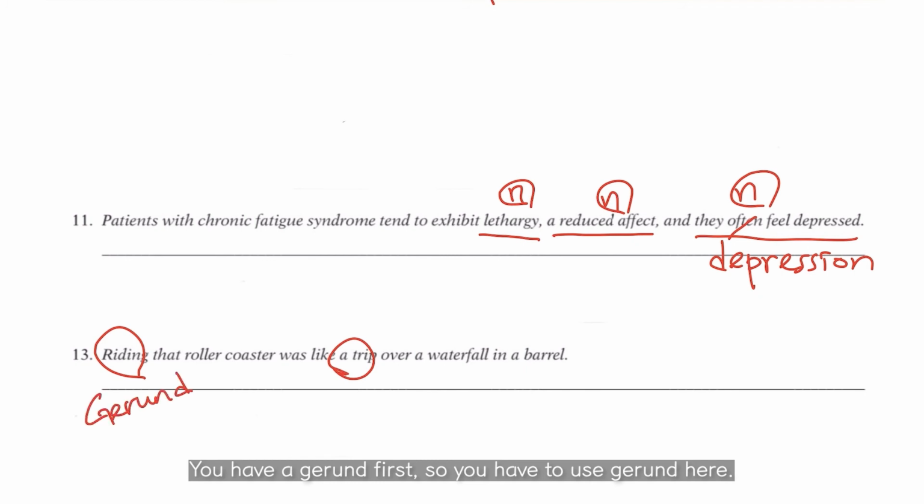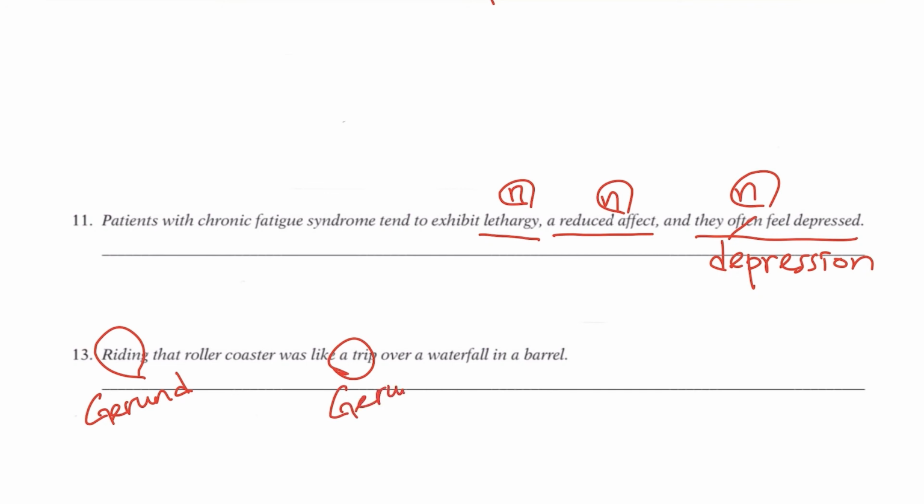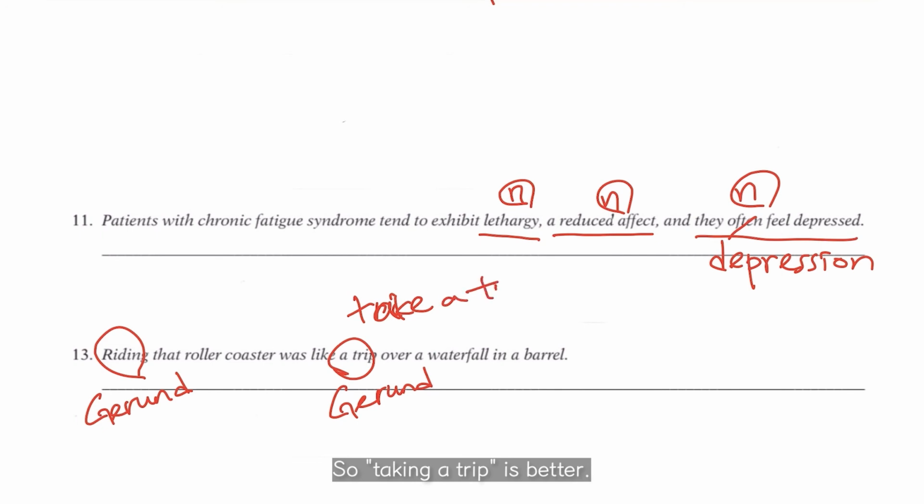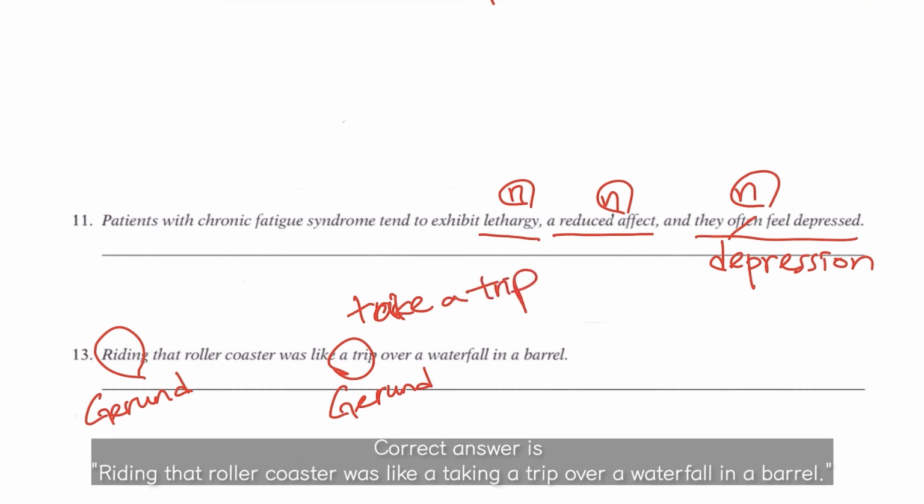So you have to write a gerund here. So tripping is taking a trip. Right? That's better, right? So riding that roller coaster was like taking a trip over a waterfall in a barrel.